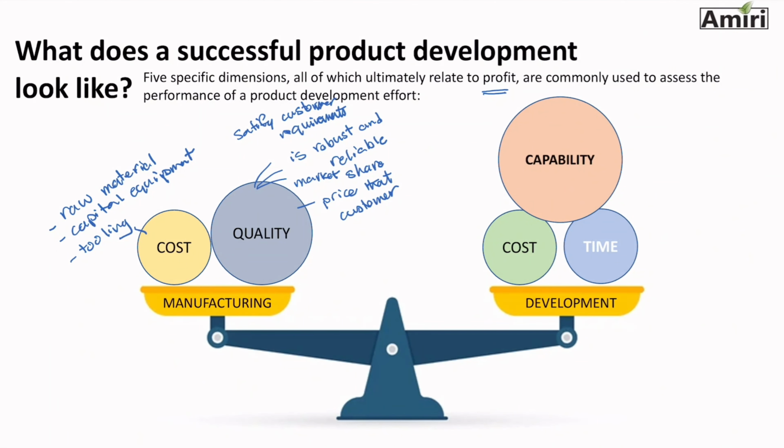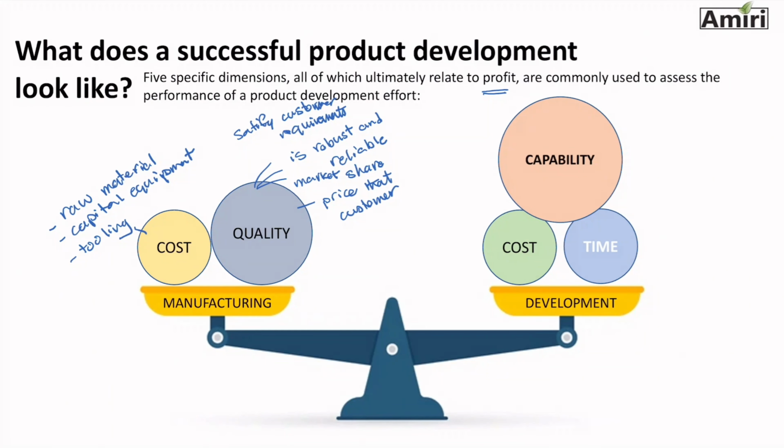When we're looking at the other side of this balance, development, there are development cost, development time, and development capabilities. Starting from the top, capability is, did your firm, your product development team, your group, your division, however your company is structured, grow as a result of this development process?